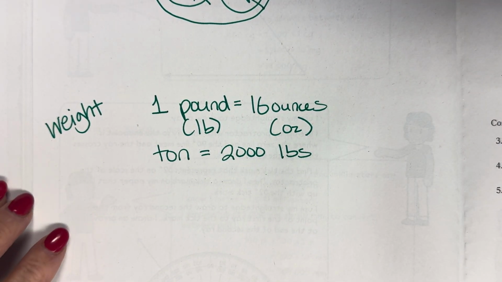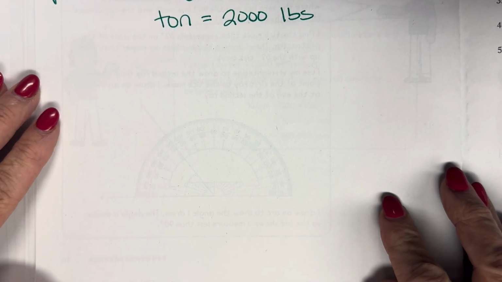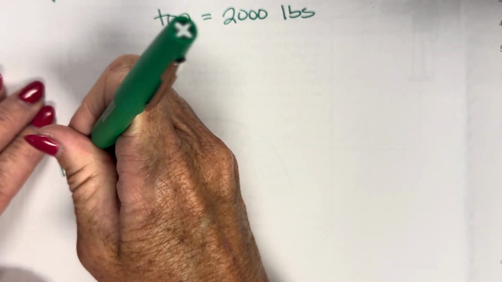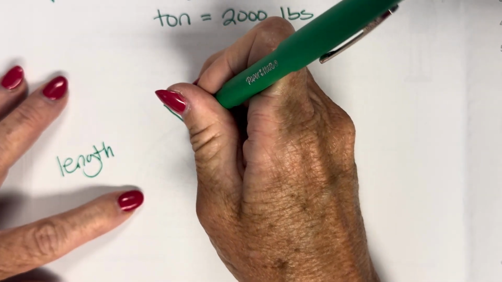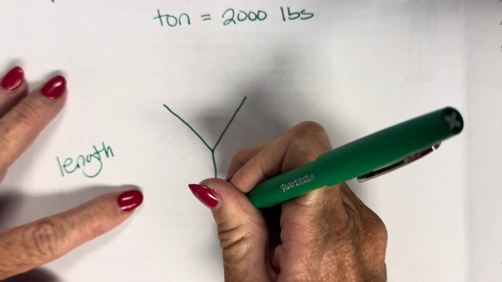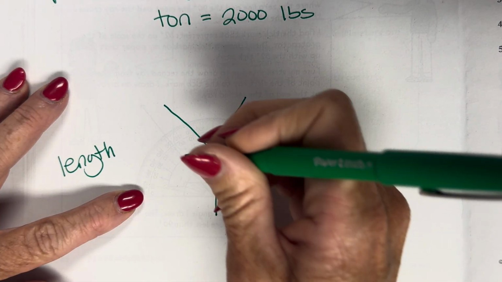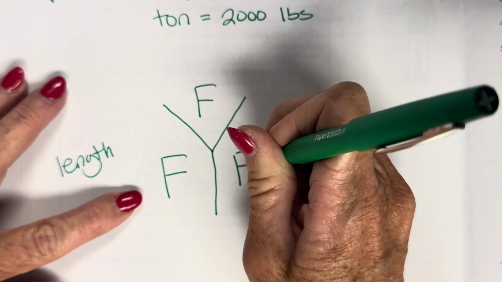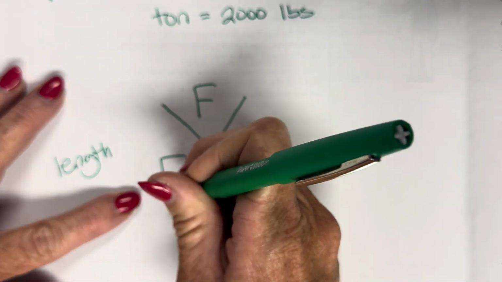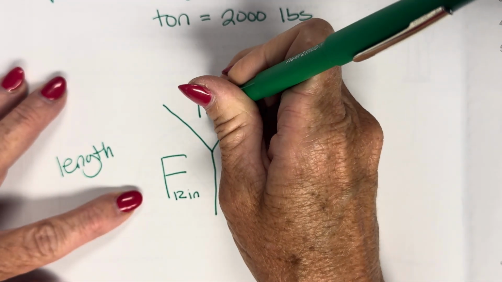And then our last measurement in America is length. So when I am measuring length, we use rulers and we use what we call yards. So this is how I remember it. We have a yard. 1 yard is equal to 3 feet, and each foot is equal to 12 inches.